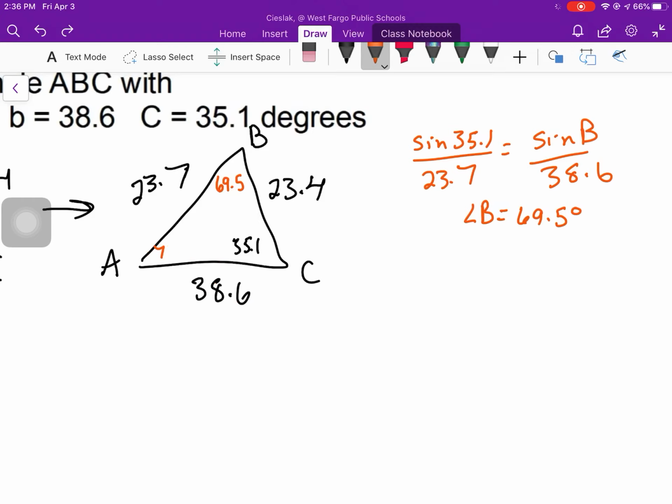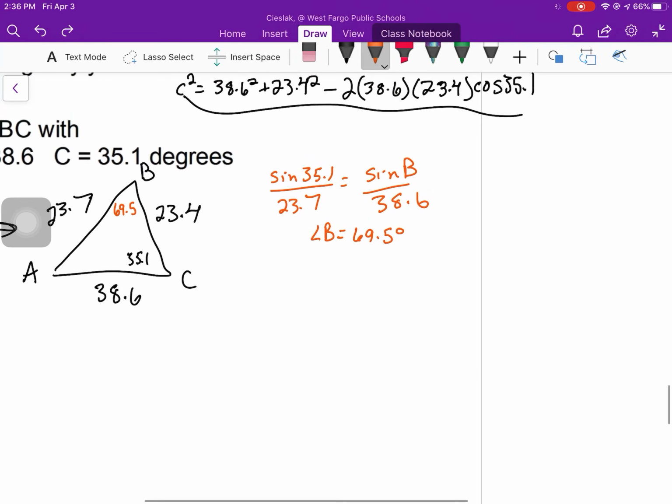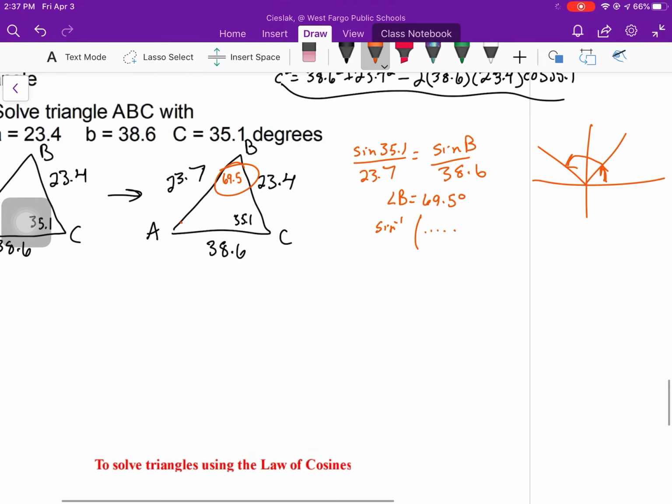Now, here is the big idea. If you did it this way, you need to be careful, because you don't know that angle. When you type in the inverse sine of whatever that came out to be, sine is going to give you a value, but sine is positive in these two quadrants. And I don't know, is it that acute angle or is it that obtuse one?